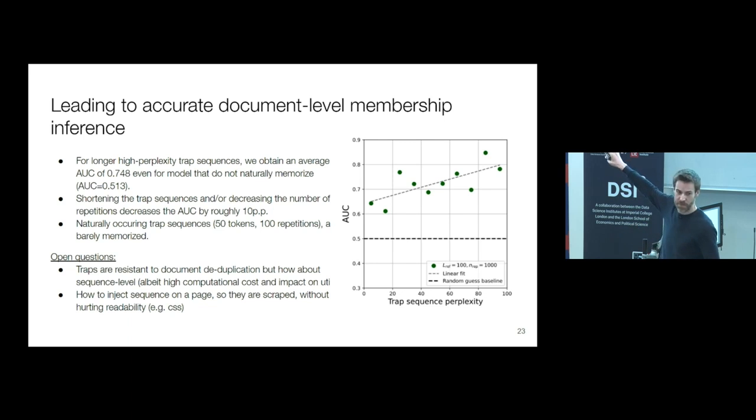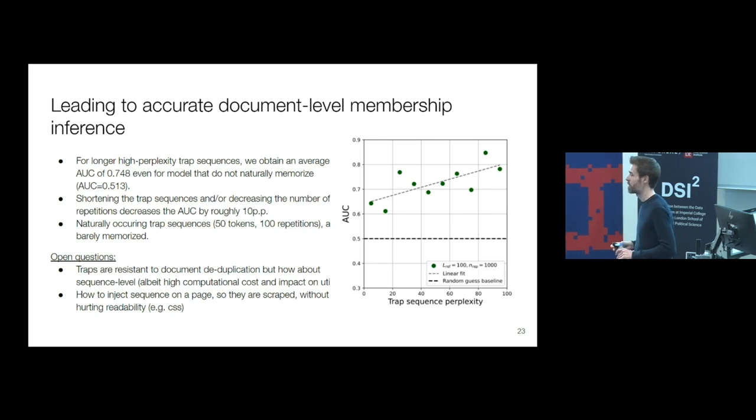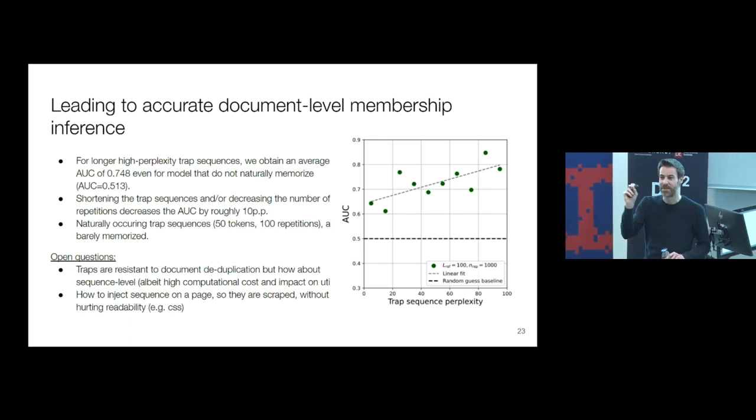Very quickly, before I take questions, this leads to really accurate document-level membership inference. Now I know exactly where I inserted my traps, and I look at whether those traps have been seen by the model. Potentially, I can even tell you how often the traps were seen by the model. I can also tell you that the weirder the sentences are, the more likely they are to be memorized.